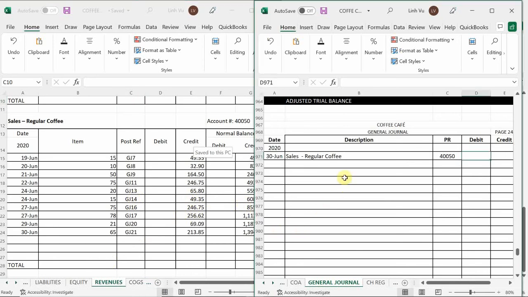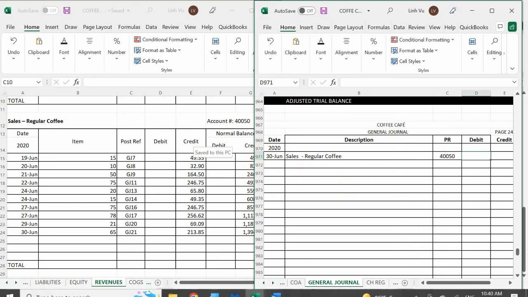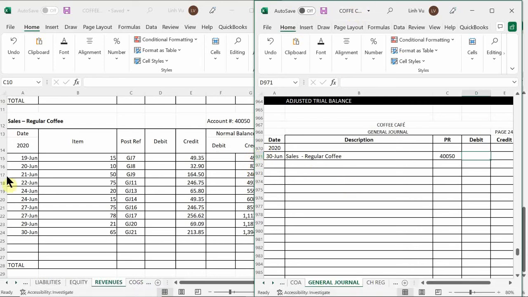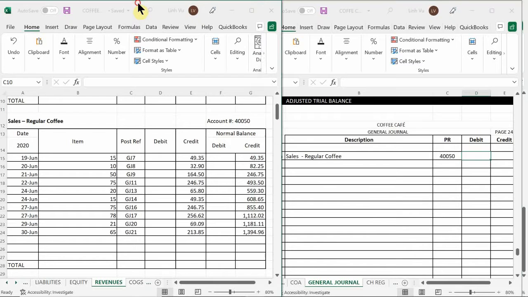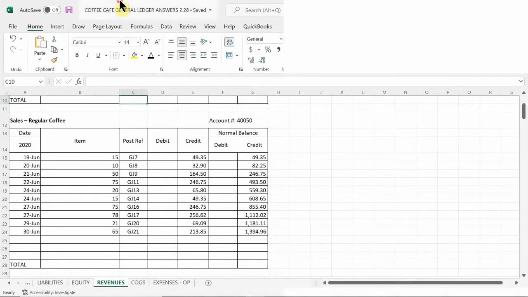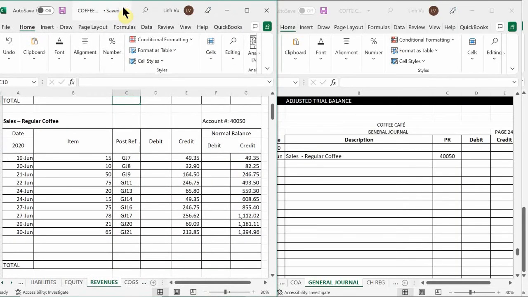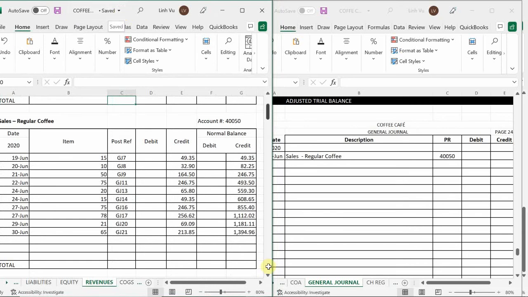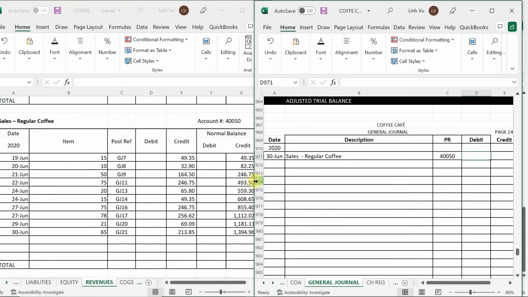Right now, there's a current credit balance of $1,300. Okay, let me try to make this so I can have enough space to be able to put the transaction in here.